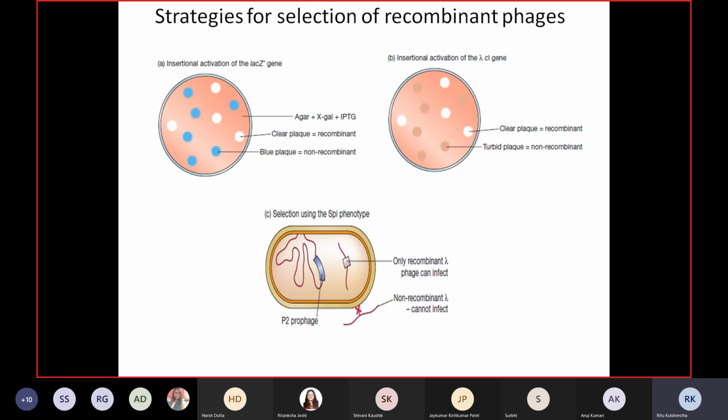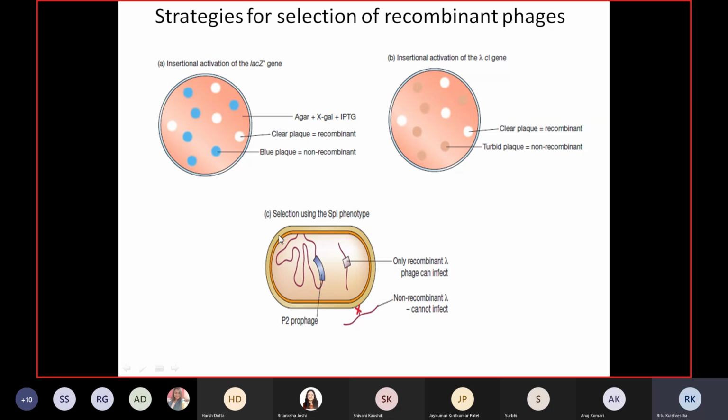Let me tell you this method of selection as well. The full form of Spi is sensitive to P2 phage. So let's talk about the bacteria. We are talking about a bacterium in which within the bacterial genome there is a P2 phage staying as a prophage.